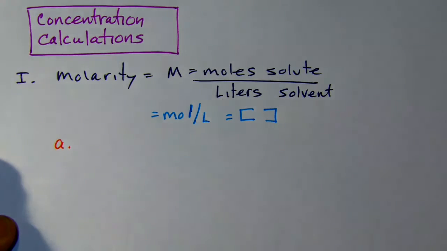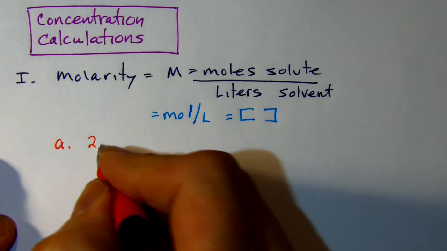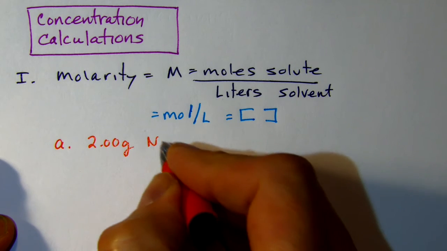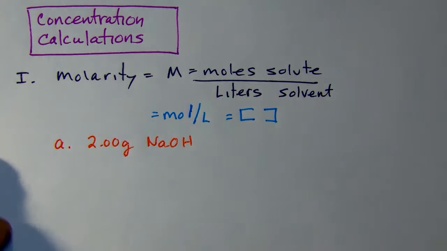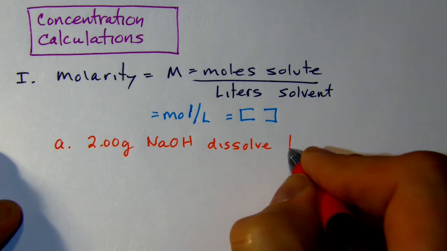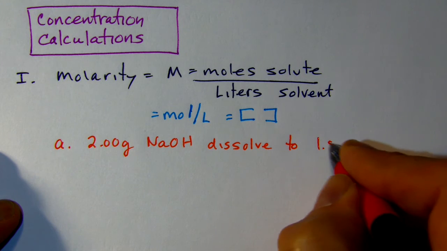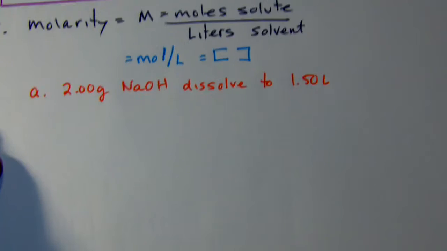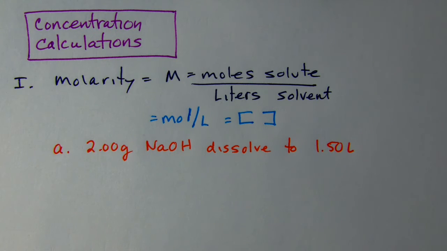So let's say that we take 2.00 grams of sodium hydroxide and we dissolve it to 1.50 liters. All right, well, let's make sure we get that right from the start. What does that really mean?